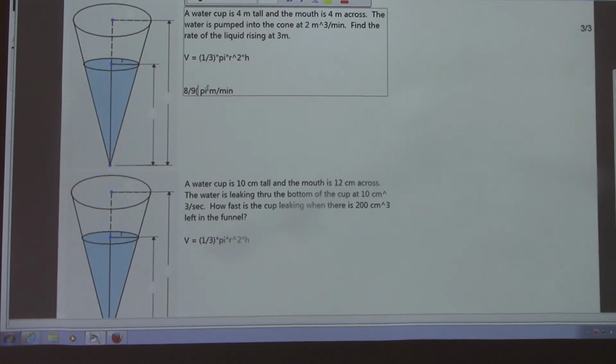And you can check your calculator and find out what 8/9 is, but I'm not really concerned about that. All I want you to be able to do is get set up to get those. Okay, so that's done.